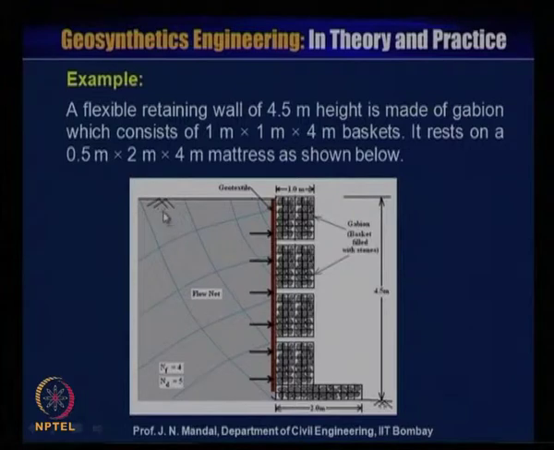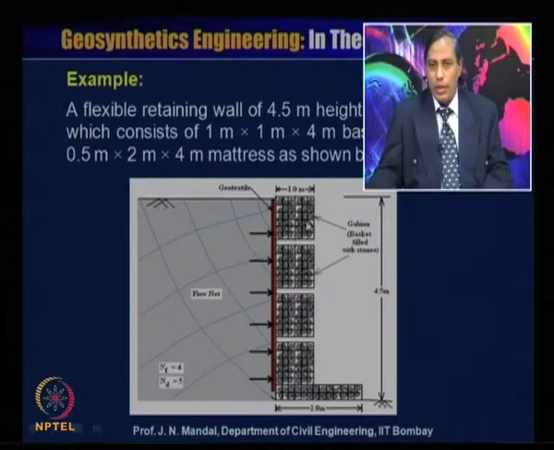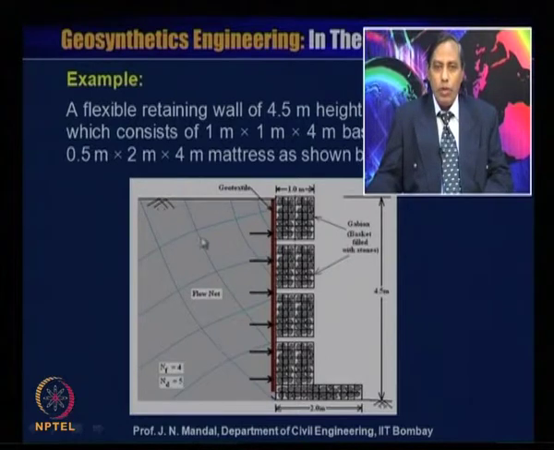and water should percolate through the geotextile and through the gabion box, and this gabion box is a basket filled with stone. So, when we design, we should know the quantity of water that passes through the gabion.